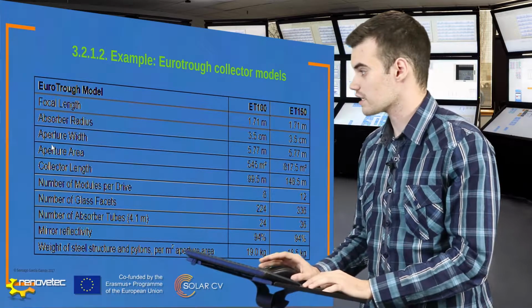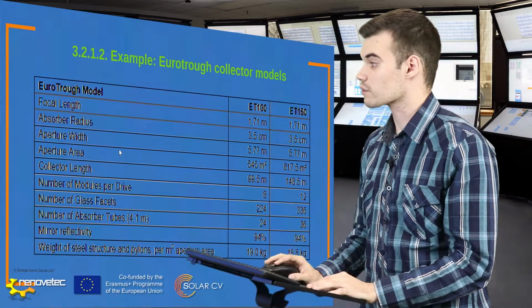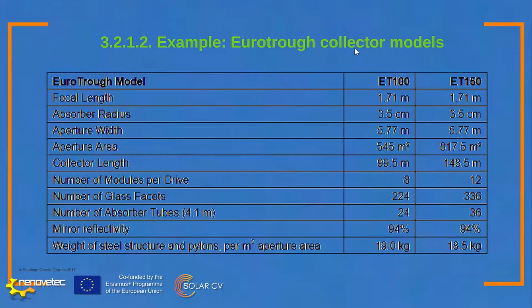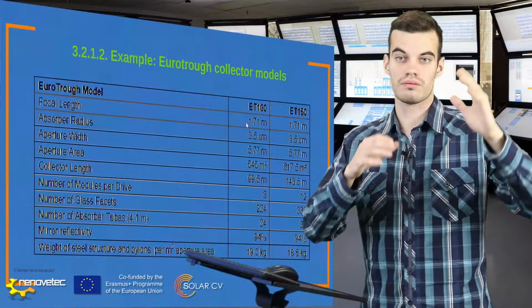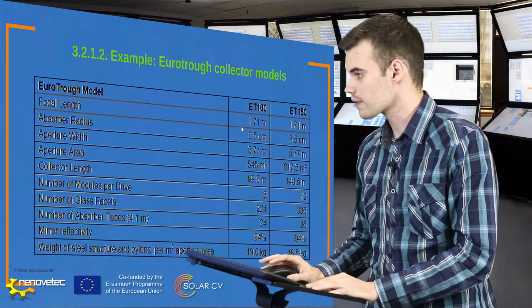And here we can see the different common values. For example, for a Eurotrough collector model, the focal length is more or less 1.71 meters. So the dimensions of a collector are really high.